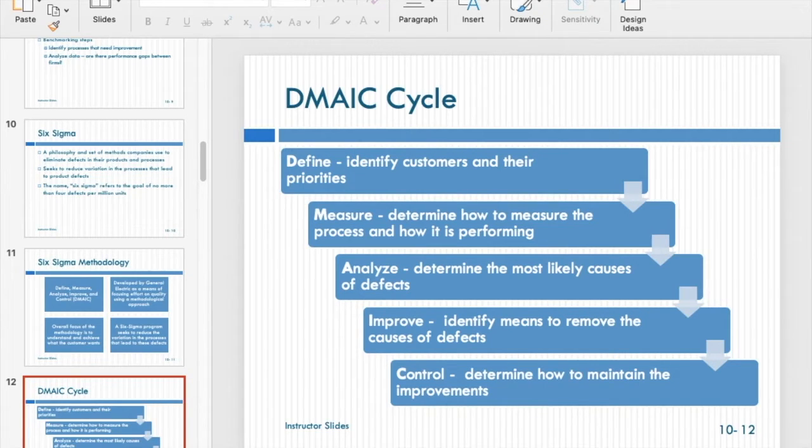Then we can get into the fifth step, which is the control step. Basically, this step needs you to maintain this improvement. You don't want your improvement to be a one-shot improvement.